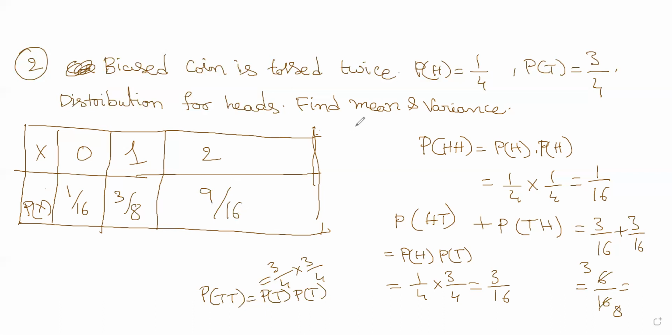Let's write this separately so that we write the distribution. So this is X and P of X. You can have 0 tails, 1 tail, and 2 tails.